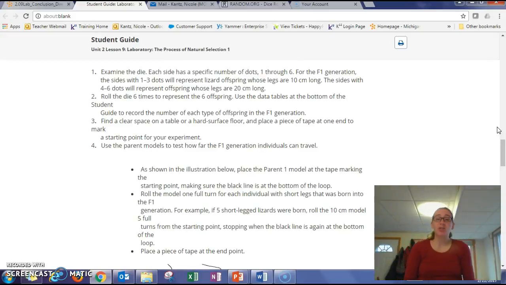What they're asking you to do is roll that die 6 times. Dots 1 through 3 represent the short legs, and dots 4 through 6 represent the long legs offspring. So we're rolling those dice 6 times.